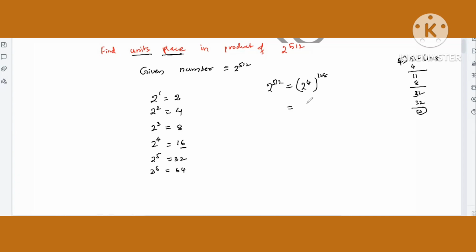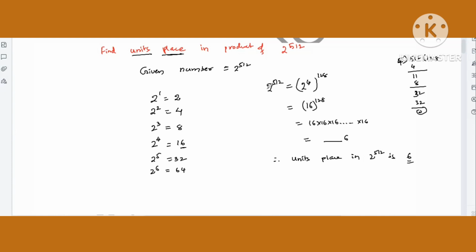Now 2 power 4 is 16, and here the power is 128. Here 16 is ending with 6, and as I just told you, a number ending with 6 has its power also ending with 6. So 16 into 16 into 16, 128 times, always ends with 6. Therefore the units place in 2 power 512 is 6 only.